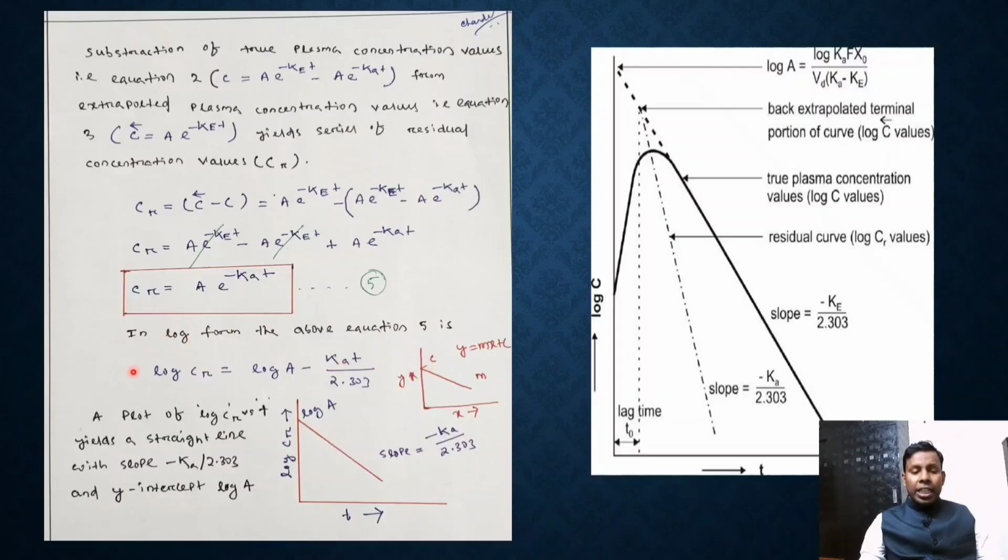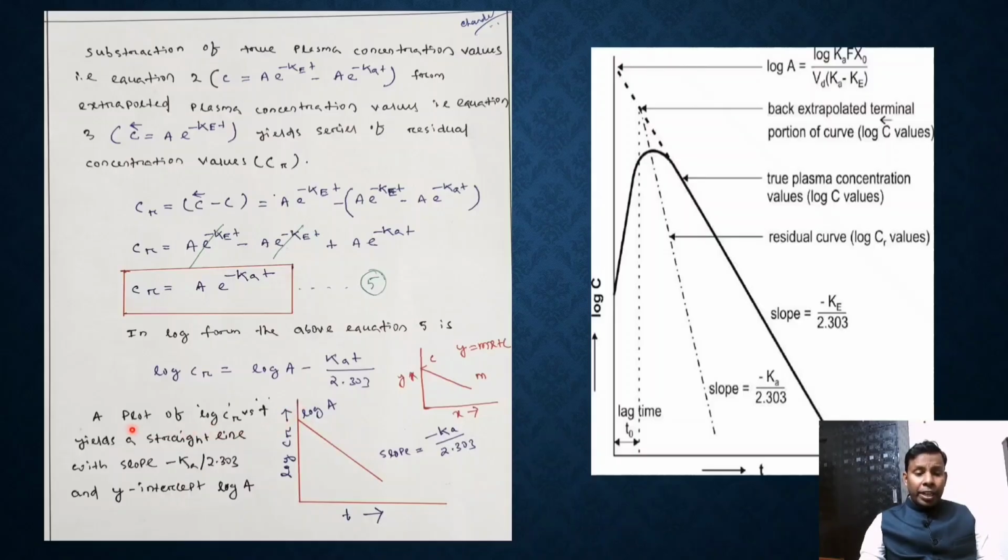So here log CR will be the y value, x is t, slope m is minus Ka by 2.303, and log A will be the y intercept.